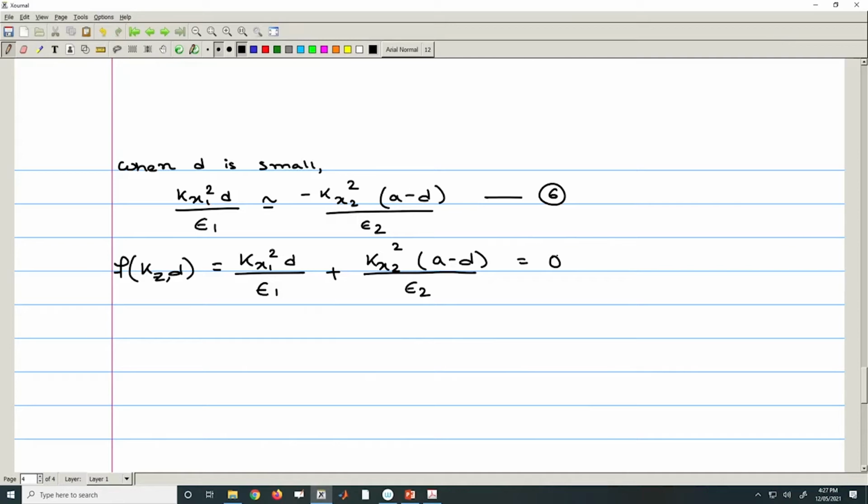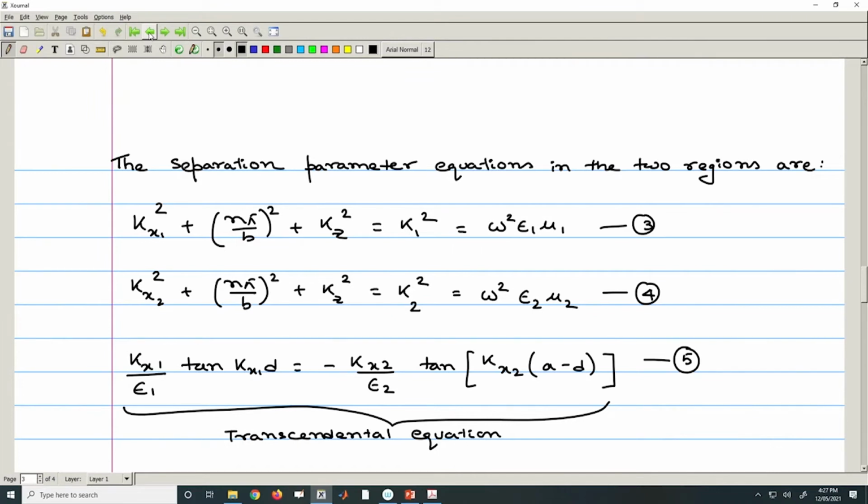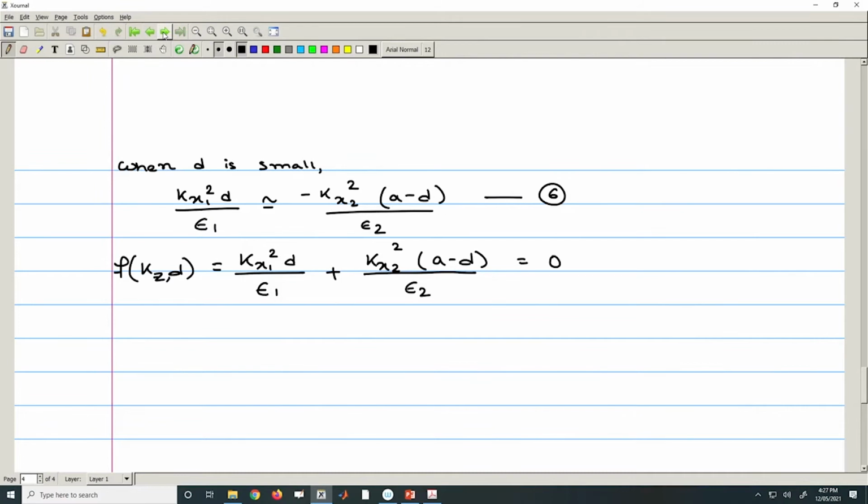Therefore, from equation number 3 we can write kx1 square is equal to k1 square minus (pi by b) square minus kz square.